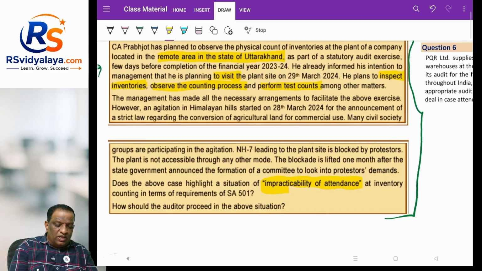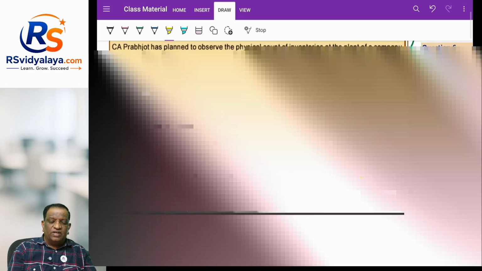The management also has made all the necessary arrangements. The management is very supportive. They made all the arrangements. However, an agitation in the Himalayan hills started on 28th, because they had planned it for 29th, but one day before their scheduled visit, there was an agitation in that area, whatever the reason, conservation of agricultural land or whatever it is.